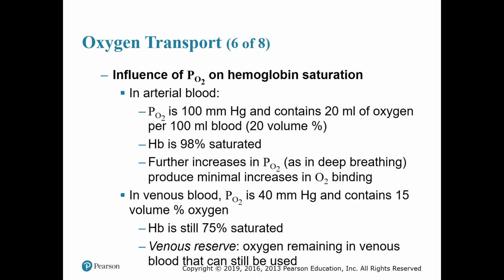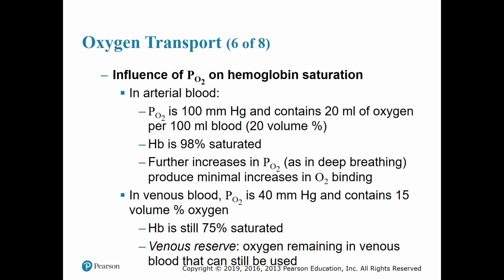In arterial blood, the partial pressure of oxygen is 100 millimeters of mercury and contains 20 mils of oxygen per 100 mils of blood, so 20 volume percent. Hemoglobin is 98% saturated. Further increases in the partial pressure of oxygen, as seen in deep breathing, produce minimal increases in oxygen binding.